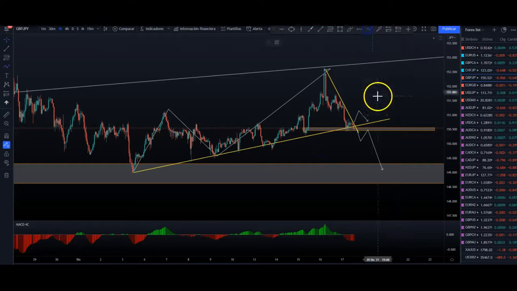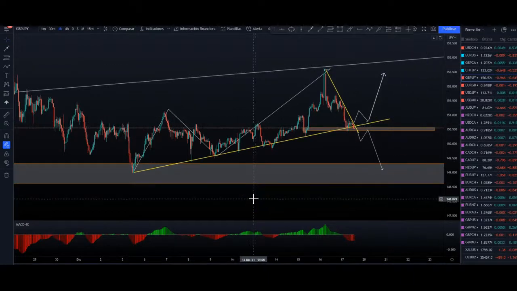Then look for trades going up to visit the next high right there. So those are the possibilities for GBP JPY. Obviously the market is not going to go in a straight line, as we're drawing it right here. It can go sideways for a while, then go up or go down, but eventually it will move.